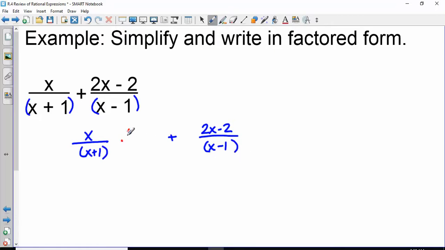Yeah, we need to get that x minus 1, so I'm just going to multiply by the whole thing. I'm just going to take this one times an x minus 1 on top and bottom. Okay, the second one already has x minus 1, but to look like the first one, it needs an x plus 1.